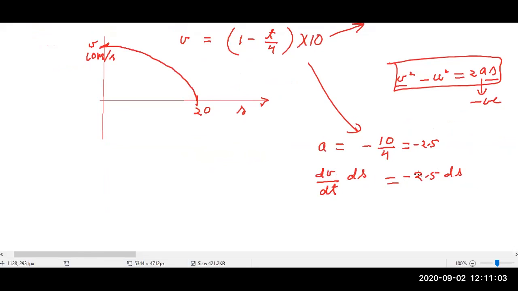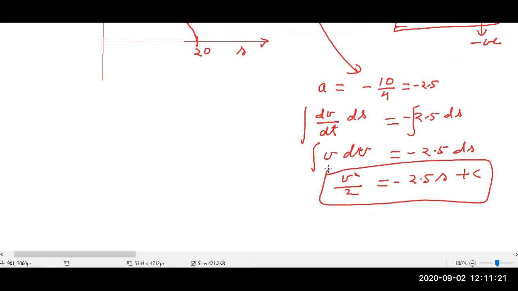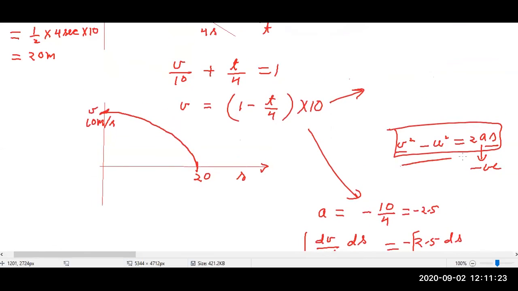Integrate it. So v ds by dt is v, so v dv integration. You are going to get v square by 2 plus c. So finally you are going to get the same thing. This kind of relation you will have. So we can draw the graph like this. ऐसे आप draw कर सकते हैं, ठीक है?